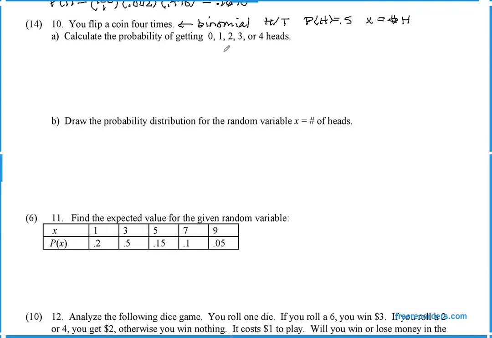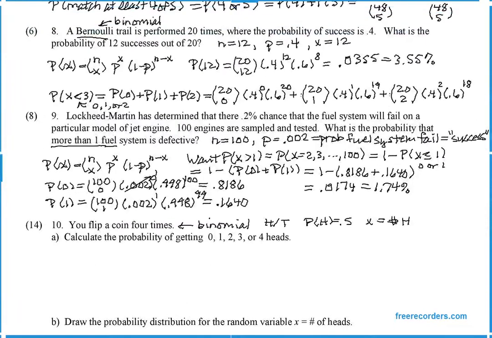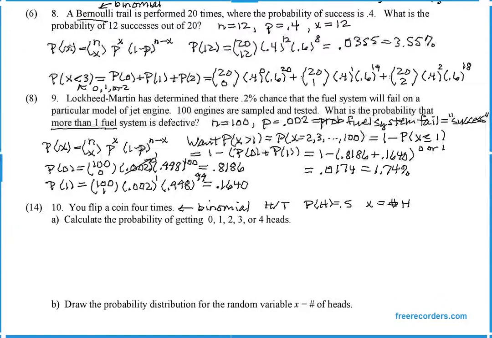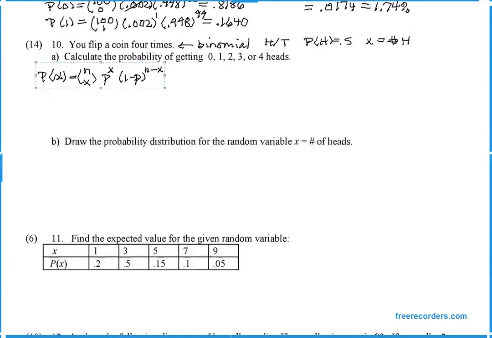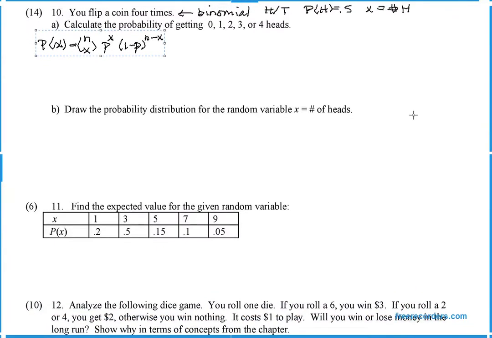So first, we want to calculate these probabilities. Well, let's go up and grab that probability formula here real quick. So this is our binomial probability formula. So we're just going to be using that for 0, 1, 2, 3, and 4. So probability of 0 heads.